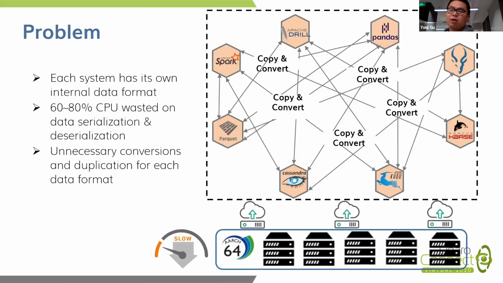In the big data world, there are some limits here. Every database and language has to implement its own internal data format, and it generates a lot of waste. Moving data from one system to another involves costly serialization and deserialization, with 60% CPU waste on data copy and conversion.